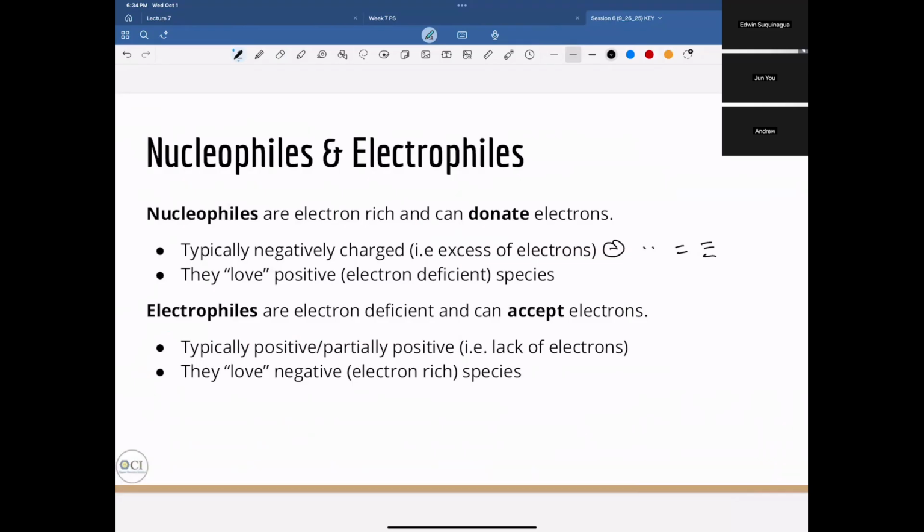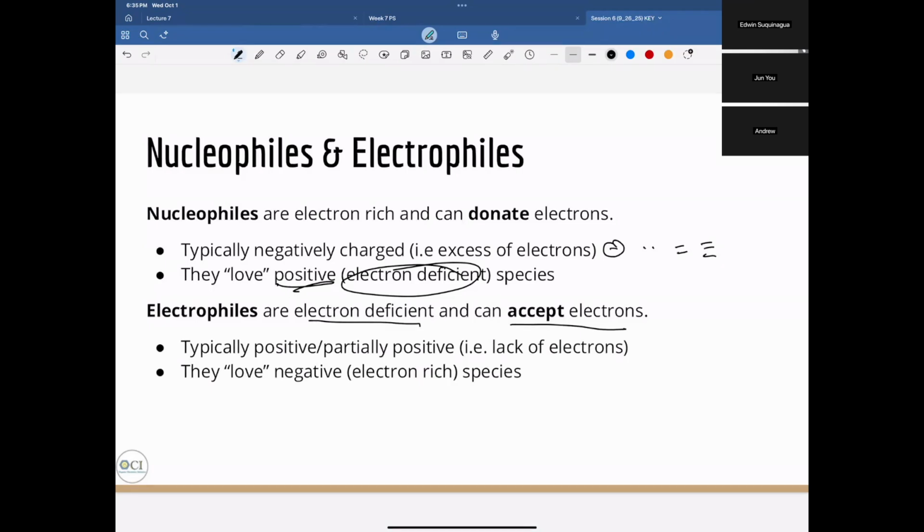The name nucleophile literally means nucleus loving, or attraction towards the nucleus. In this case, they're attracted to a nucleus that has a positive charge or something that's electron deficient. Got it? And then electrophiles are just the opposite. They're electron deficient and they can accept electrons. To accept electrons, they're going to have a partial positive charge or a full positive charge, because that means they can form another bond.